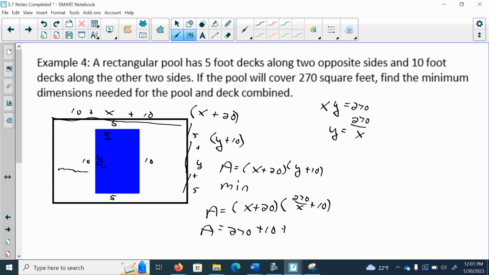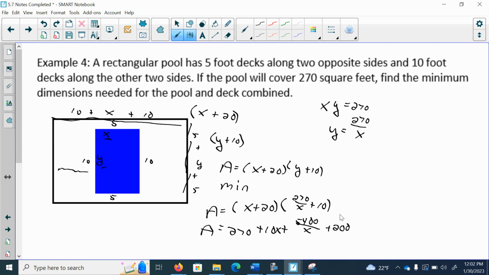Multiply the inner, and I'm going to get 5,400 over X. And then finally multiply my last, which would be 20 times 10, which would be 200.